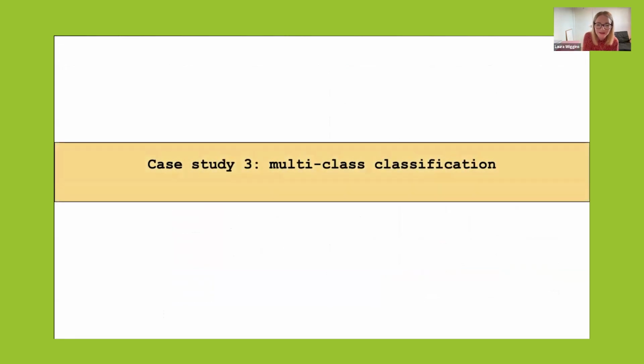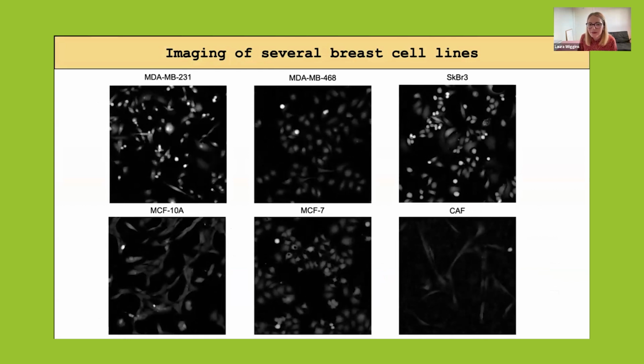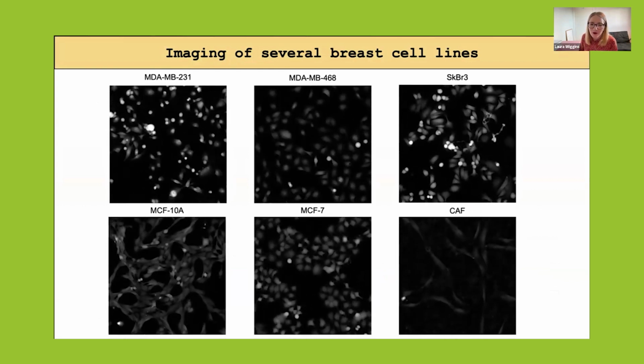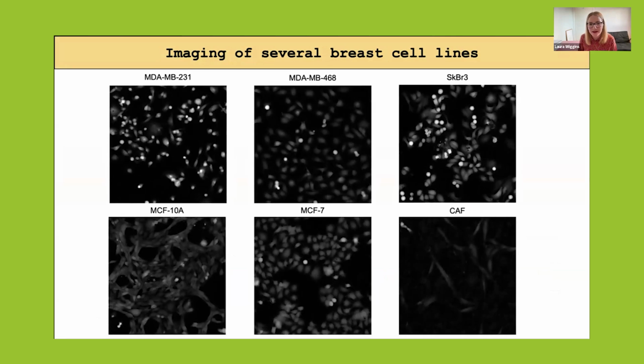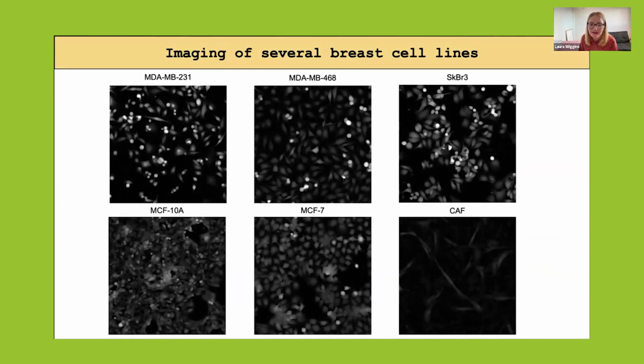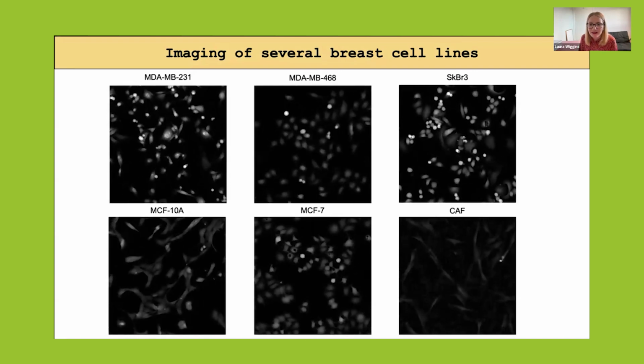And then my final case study is how we can use Selfie to look at multi-class classification. So everything I've shown so far has been binary classification, but as we know, you can have multiple cell types in one culture in reality in your biological experiments. So what we did was we imaged several breast cell lines, 2 examples of triple negative breast cancer.